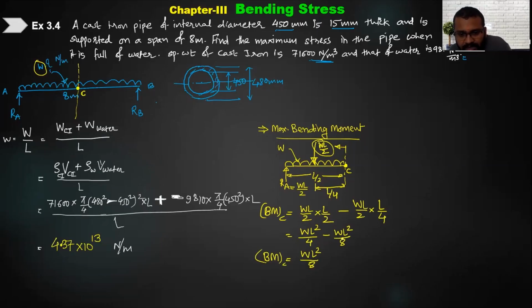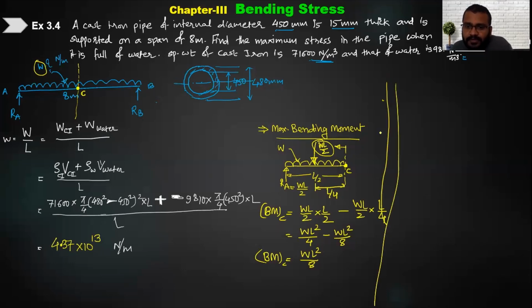So here onwards we will be using this as our formula. Whenever we have a simply supported beam with UDL having intensity W and span L, the maximum bending moment the beam will be subjected to is how much?